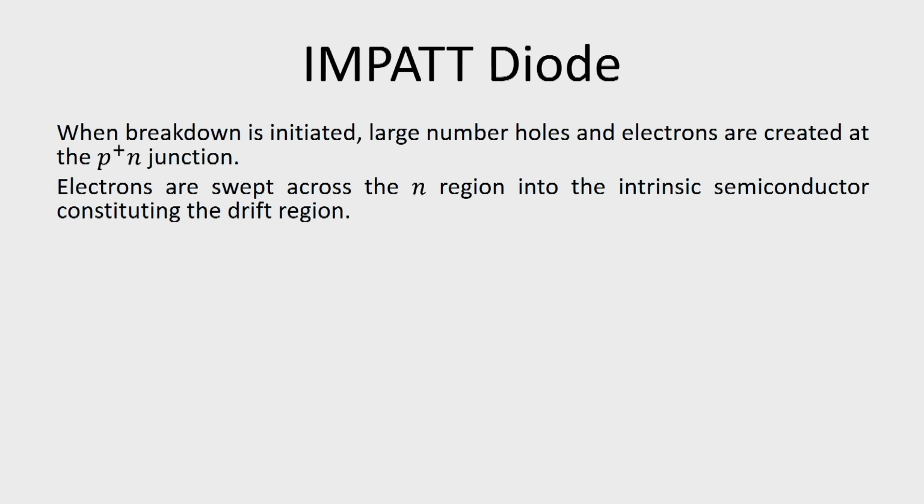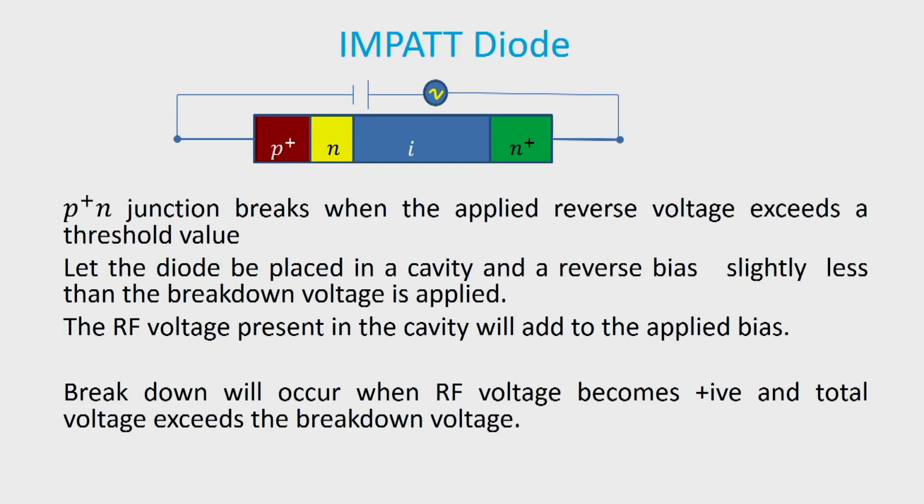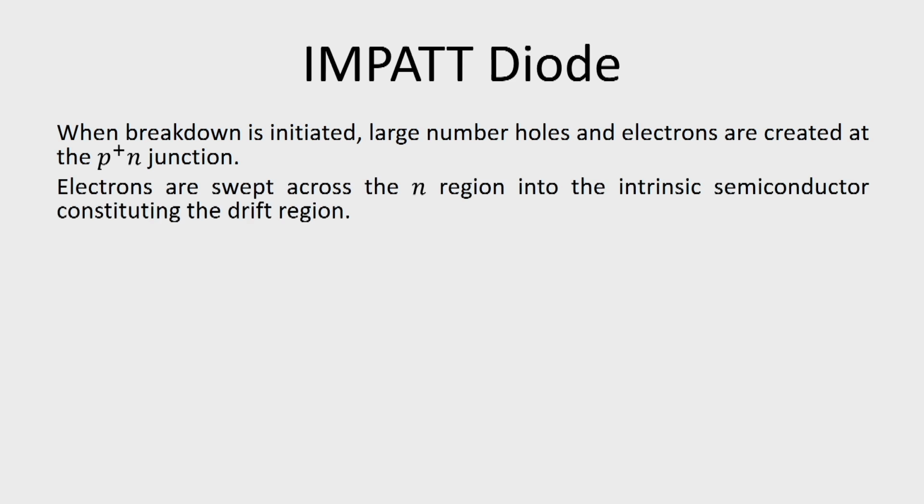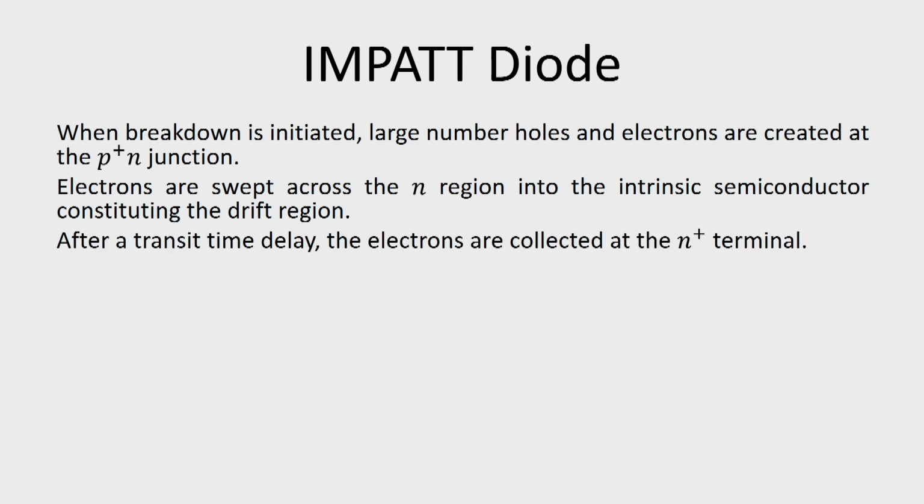Because of the field, we can see that the DC field is acting in this direction, and this field will sweep the electrons across the N region into the intrinsic semiconductor, which constitutes the drift region. So, after a transit time delay, the electrons are collected at the N plus terminal.